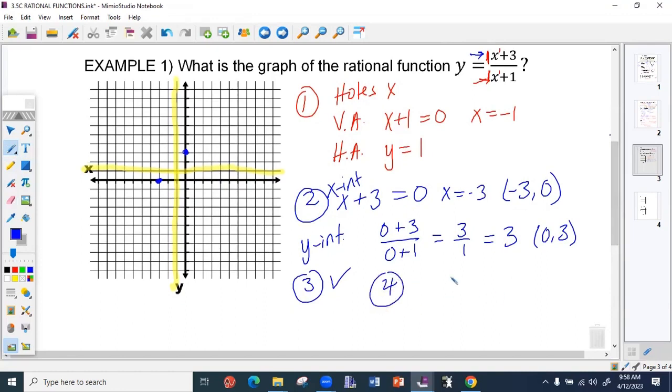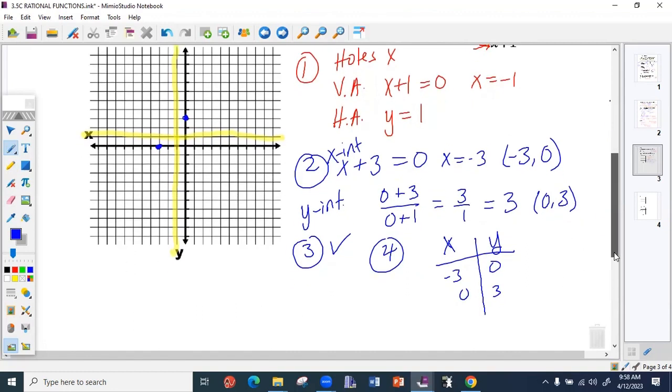Step 4 is to create a table to find other values. If you are comfortable with where you're at already, so we have -3, 0, we have 0, 3, and you feel good about sketching it out, you can. But all you're doing is choosing values around here and plugging them in. So we've already did 0. Could I plug in 1? Yeah, so I can find 1.